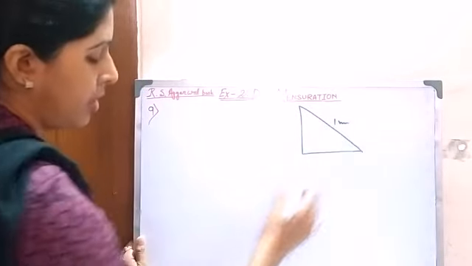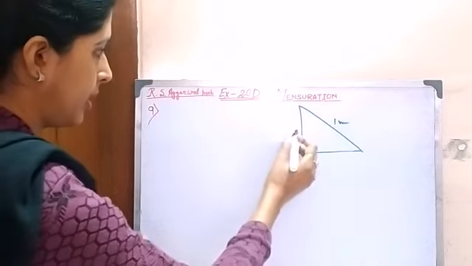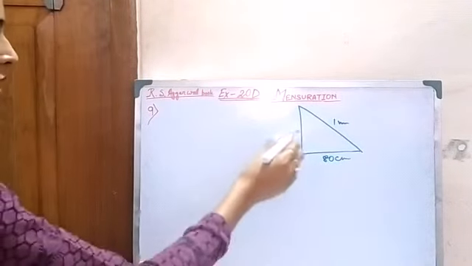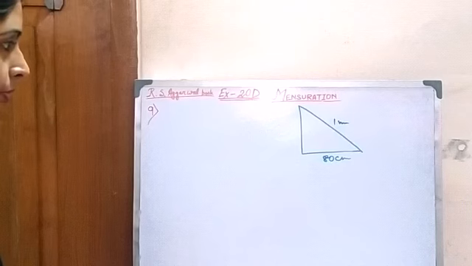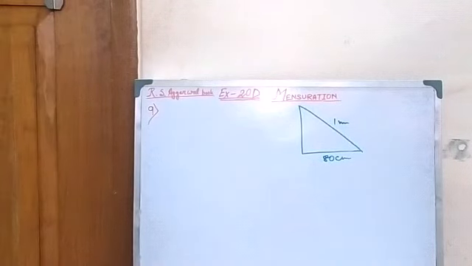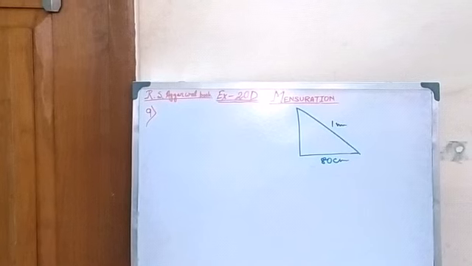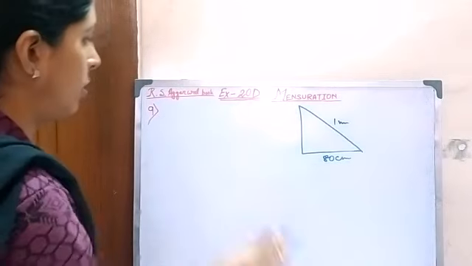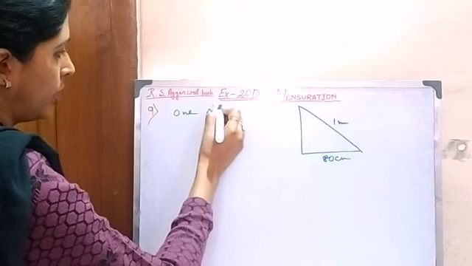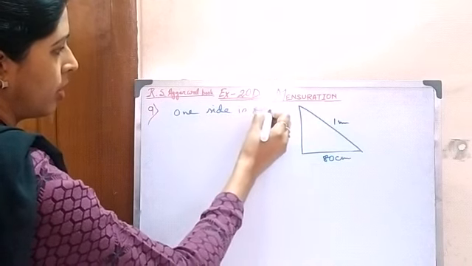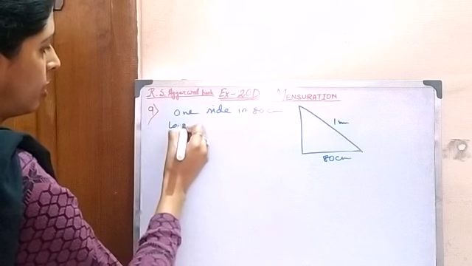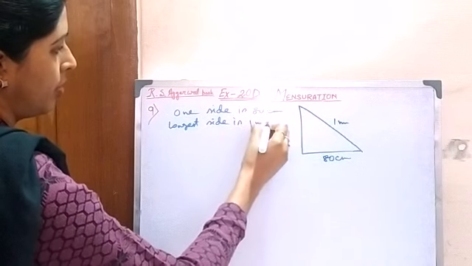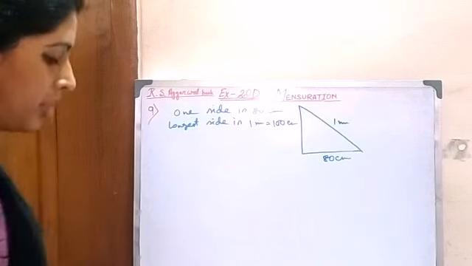Longest side is 1 meter and one side is 80 centimeter, the longest side is 1 meter, that means 100 centimeter.